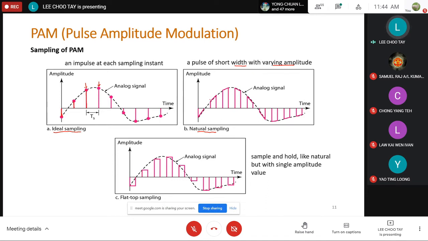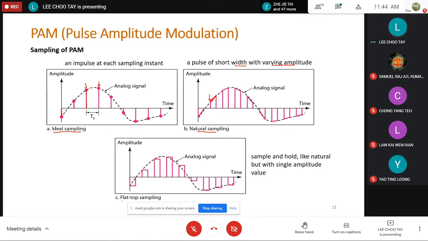In this case, you can see the amplitude at the instant of sampling is this. But because our pulse is of certain duration, the height of the pulse changes according to the amplitude of the modulating signal. So you can see this amplitude is not constant. This is called natural sampling.